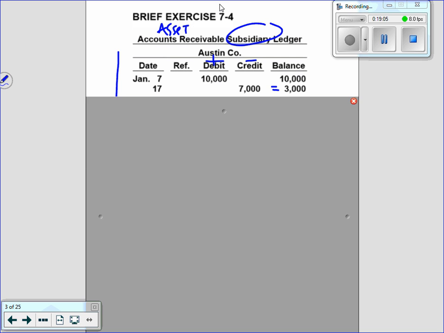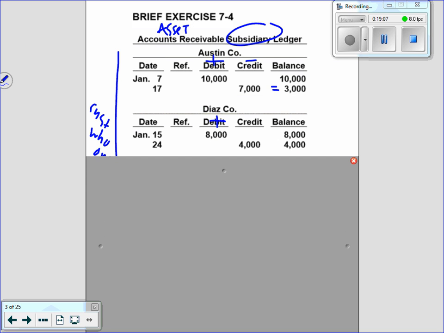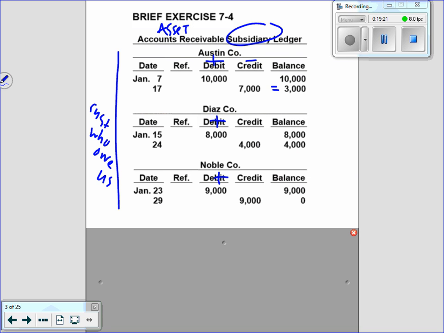Diaz paid 4 grand, half. What should the AR department do? Call and say, hey, pay your bill, offer better discounts, or whatever the case is. But Noble paid all, so they owe 0.